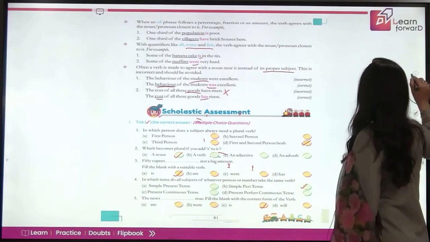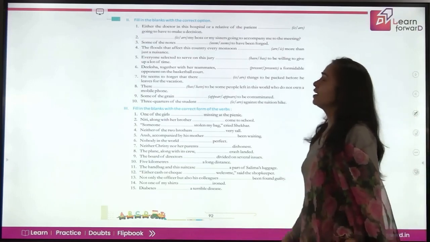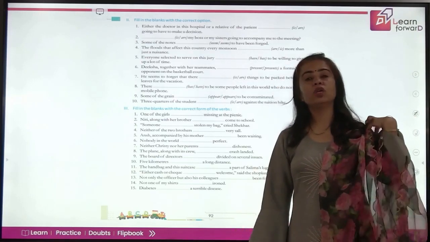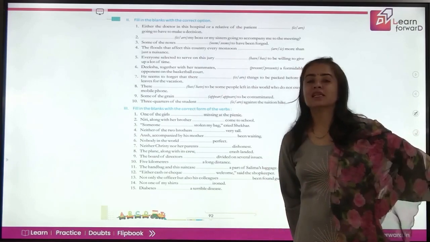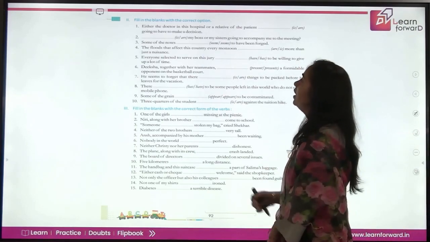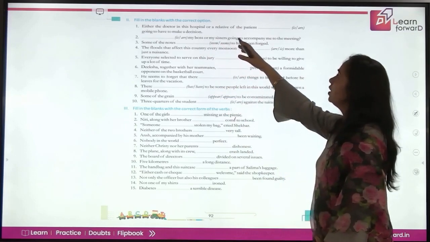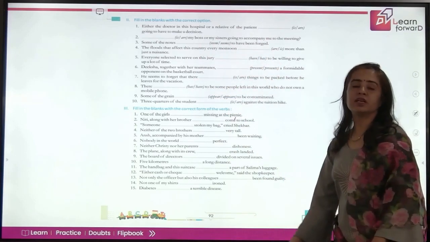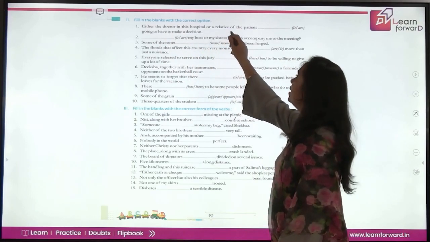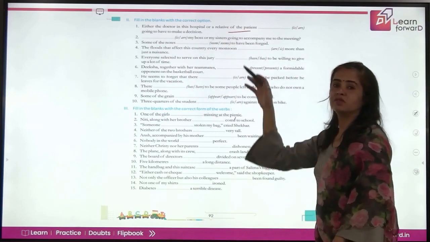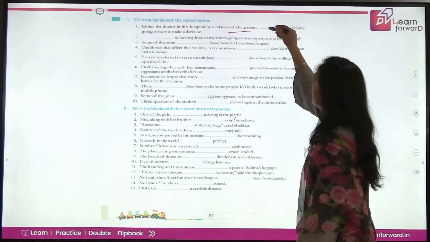Let's move to next. Now fill in the blanks with correct options. So we'll try to recall the rule with the correct answer that we will be selecting here. So here we have either the doctor in the hospital or a relative of the patient. When we are talking about either or, we look at the second part of the subject, which is singular. So it will be is.